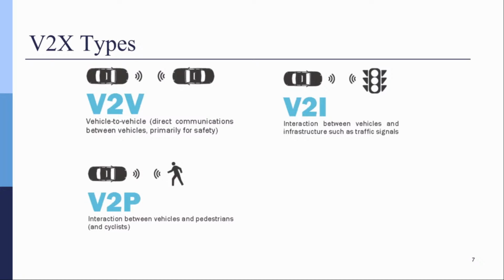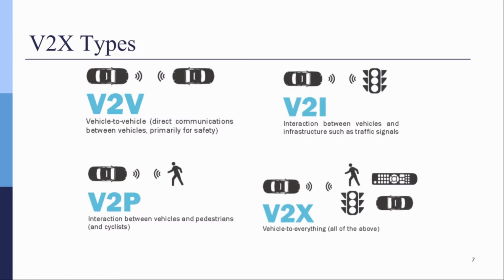The last is vehicle to pedestrians. In this scenario, vehicles and pedestrians can exchange their information. So, vehicle to everything, V2X in short, includes all above scenarios, V2V, V2I, and V2P.